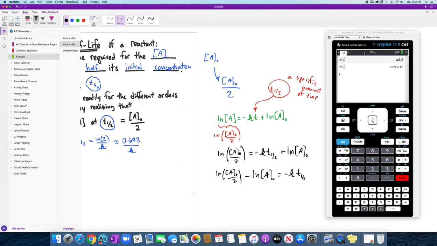Okay, and now what we can do is divide both sides by negative k. Okay, so if I divide both sides by negative k, I'm going to have a negative over here, and we can basically change the signs on everything. Another way to think about it is let's multiply both sides by -1 initially. So if I multiply both sides by -1, I'll give it this expression, and that becomes plus k t 1/2.